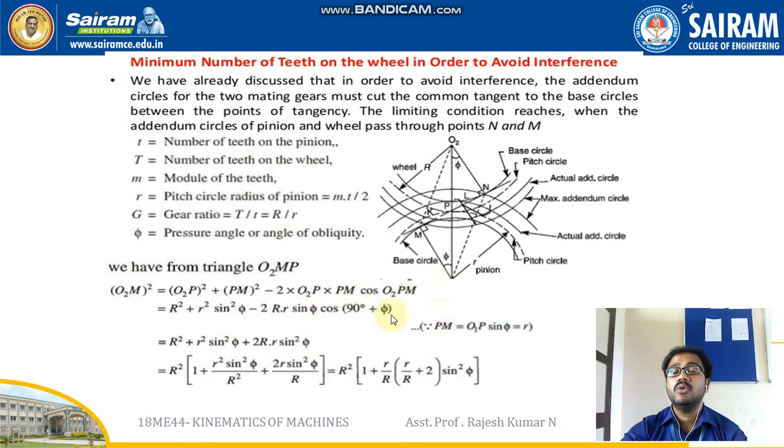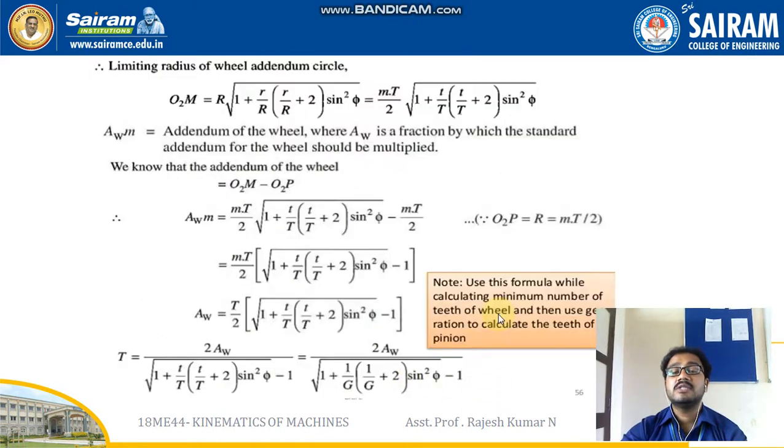This is the angle O2PM. Now by simplifying, since PM is nothing but O1P sin phi, which is equal to small r sin phi, this is all about angle conversions. Now by simplifying this equation, we get capital R square plus small r square sin square phi plus 2 into capital R into small r sin square phi. Again by simplifying, we get R square into 1 plus small r by capital R into small r by capital R plus 2 into sin square phi.